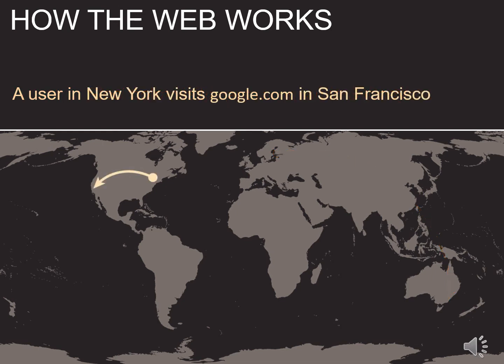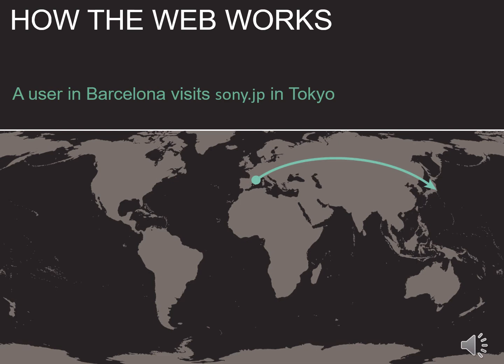The third one shows an example that can also be within the same country, in the USA. A user in New York visits google.com in San Francisco. The last one is from Europe to Asia: a user in Barcelona visits Sony.jp in Tokyo.